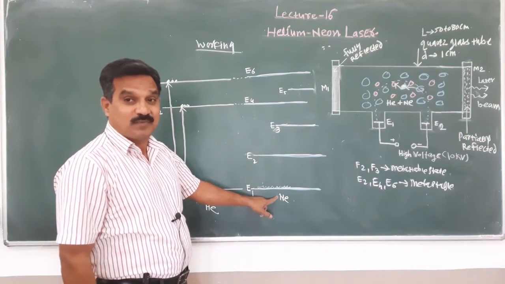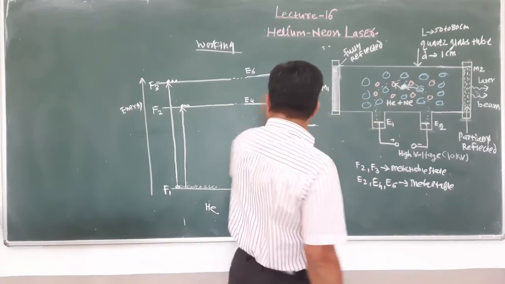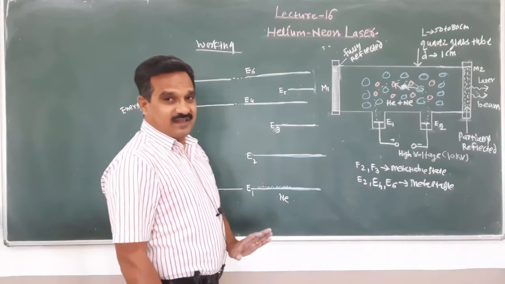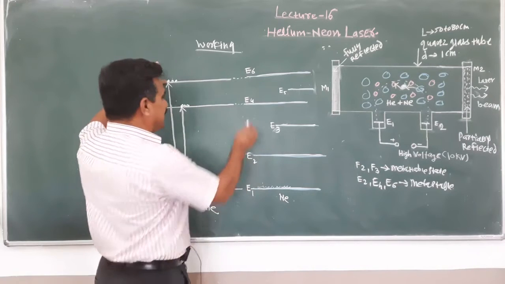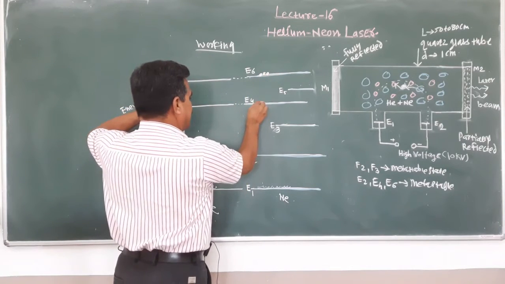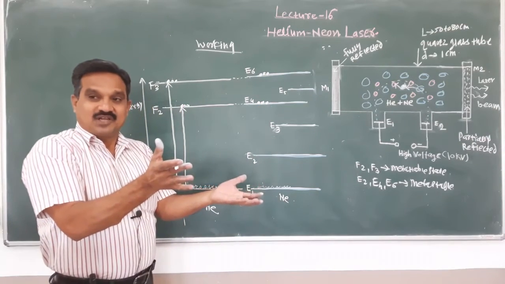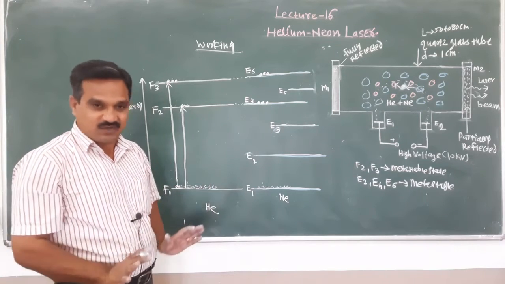Due to this, what will happen? The excited atom transfers its energy to the neon atom, and the energies are the same. Therefore, the atoms present here come to this point, and the atoms present here come to this point. Here is a resonance transfer of energy phenomenon.